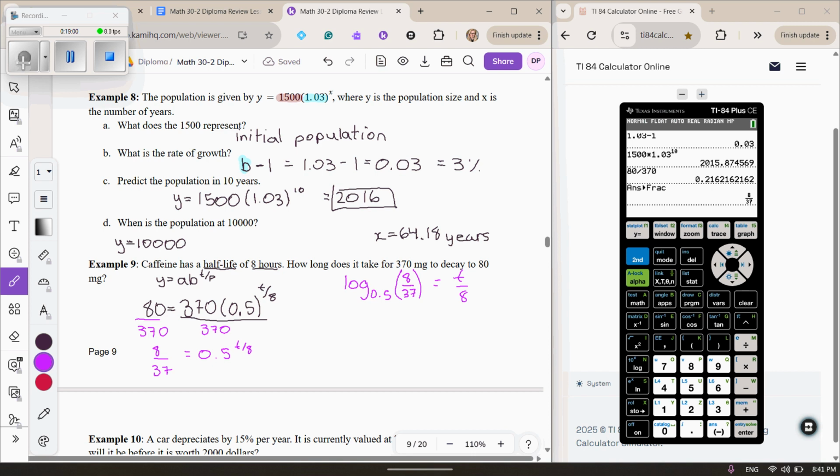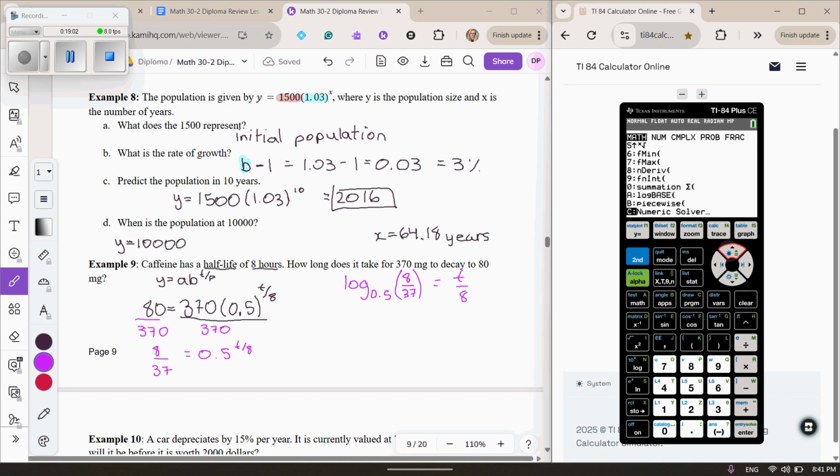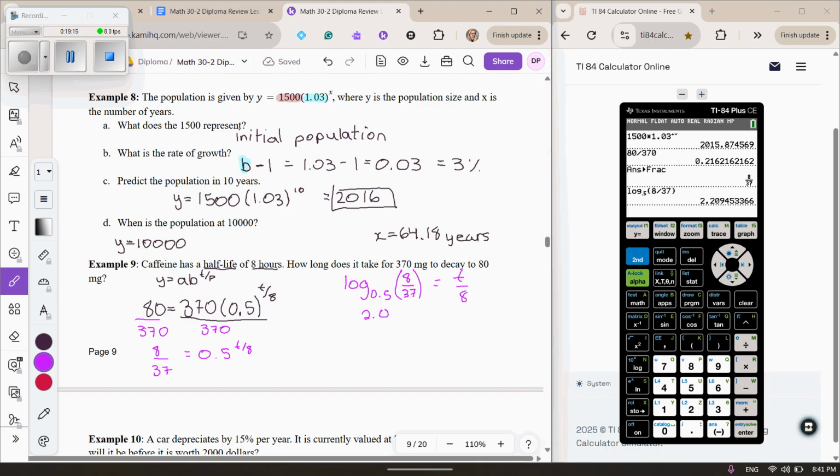So let's go ahead and find what the left-hand side of the equation is equal to. Okay, so 2.2094 equals t over 8. And then we have to multiply both sides by 8 to get t by itself.